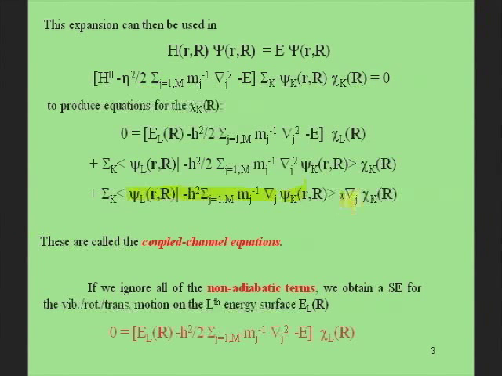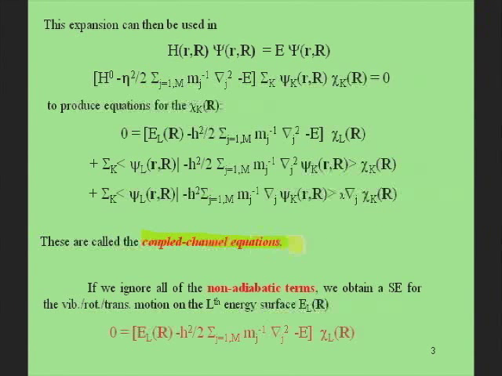This is the cross term, first derivative of psi, first derivative of chi. These are also called non-adiabatic coupling terms, because they couple state k and state L. This whole set of equations, which in principle are exact, are called the coupled channel equations.